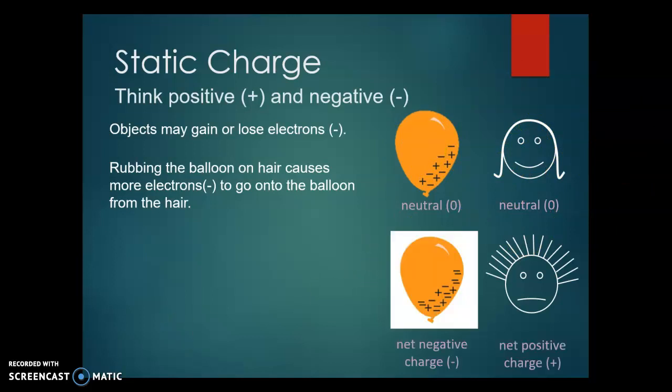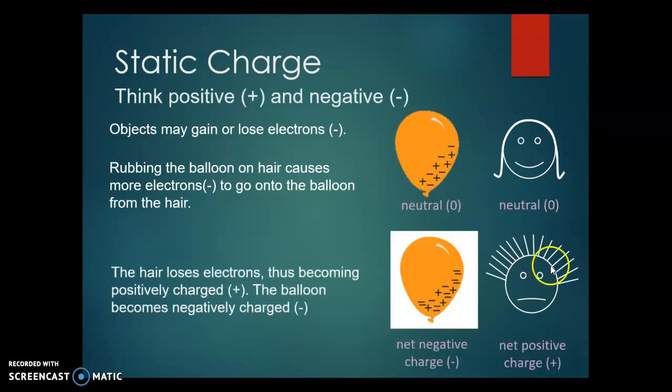But if I would take that balloon and rub it against her hair, what it would do is that it makes Sally's hair have a net positive charge. It loses electrons because those electrons flow into the balloon, and that balloon is holding onto electrons, and it's not allowing those electrons to move easily. So again, the hair loses electrons, thus becoming positively charged. The balloon becomes negatively charged. That's why we see, comparing the two balloon pictures, this balloon having more negative charges.